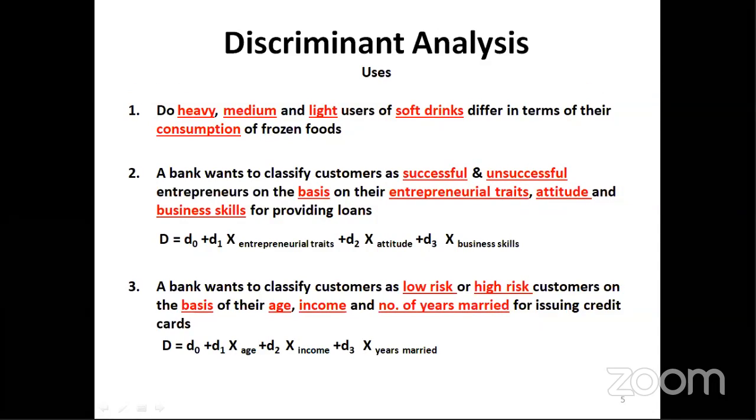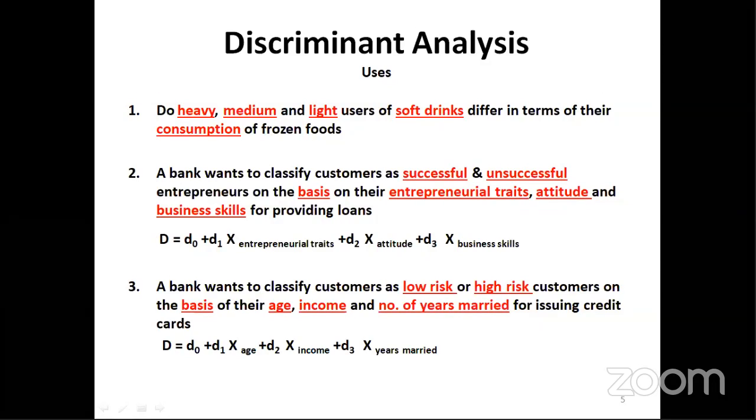So that means your dependent variable is the risk of the customer, and the independent variables are on the basis of their age, on the basis of their income, on the basis of the marital duration. This is the exact situation where we can apply discriminant analysis. We can classify the whole set of customers into two groups by using these independent variables. We can make this a function and we can classify.